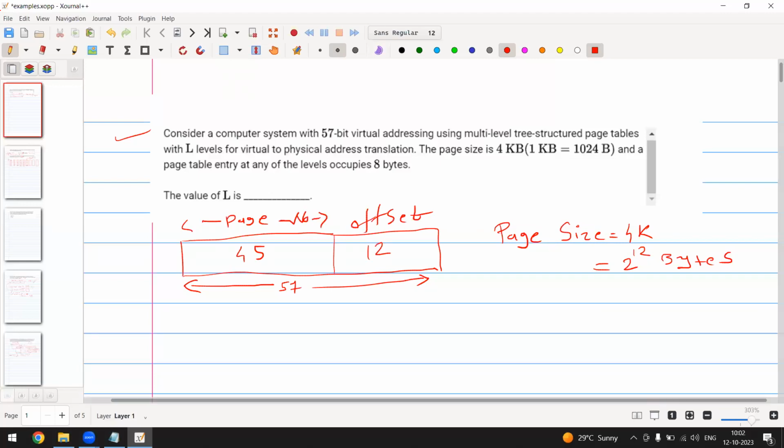Ideally, we should have a page table with 2 raised to 45 entries, but we are not using it. We are dividing it into L levels. So we have to determine the number of levels. One more piece of data is the page table entry at each level.